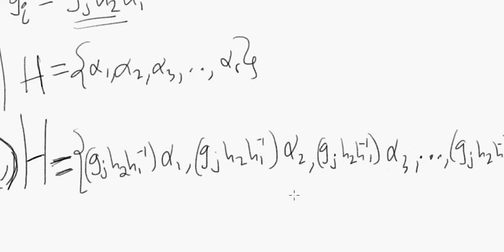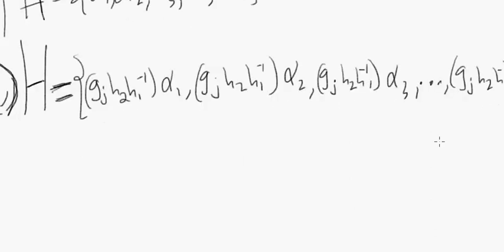Well, notice that all of these elements, Gj, h2, and h1 inverse, are still elements of the group G, because H is a subgroup, and so every element that's in H is also in G. So we could simplify our calculation a bit.